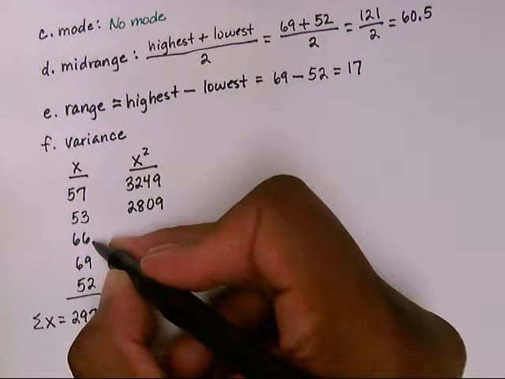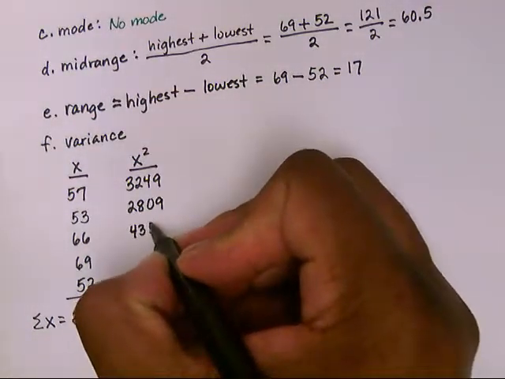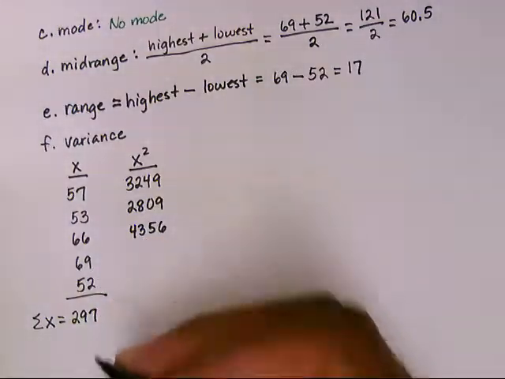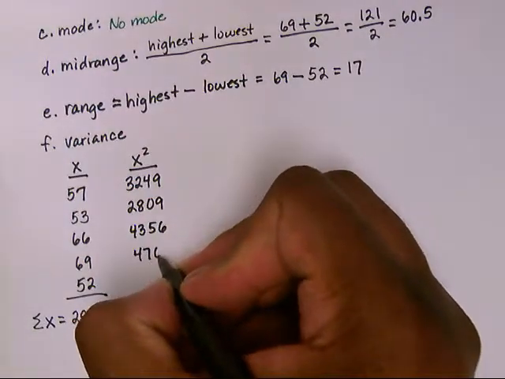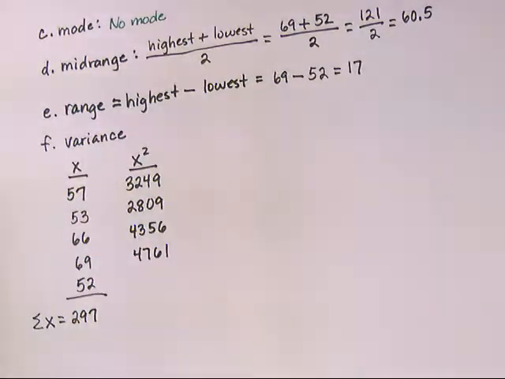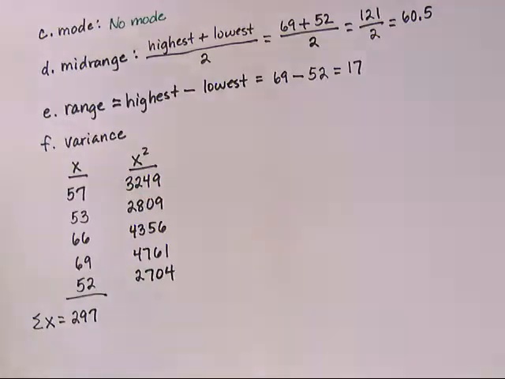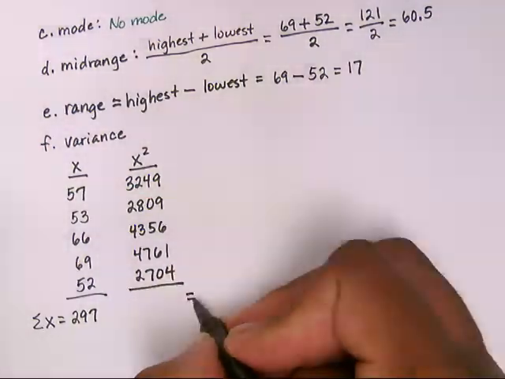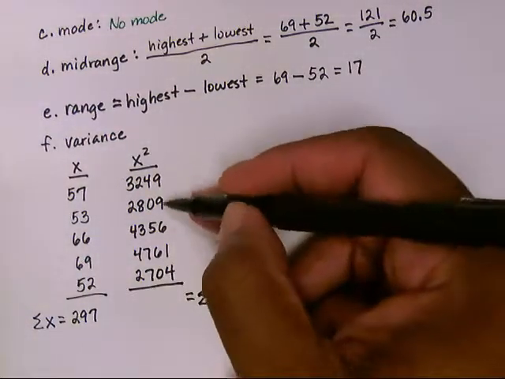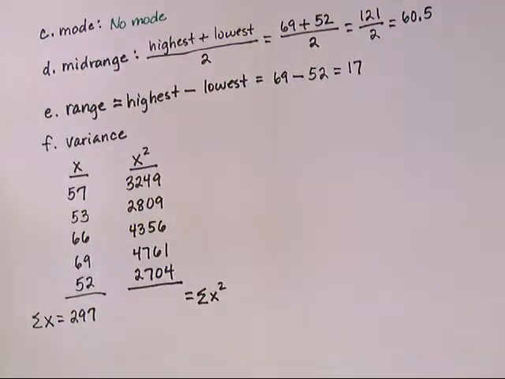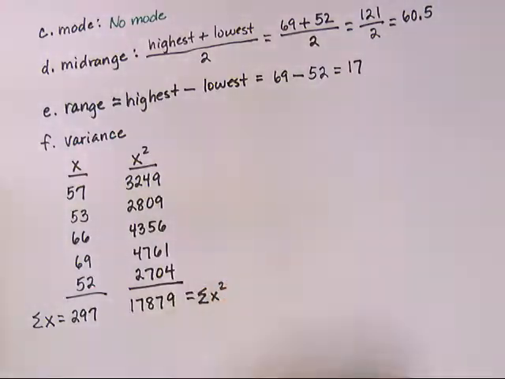Then 66 squared would be 66 times 66, which is 4,356. 69 squared would be 69 times 69, which is 4,761. And then 52 squared would be 52 times 52, or 2,704. When I add these numbers up, that will be the sum of the x squares. So if I add these numbers up in this column, I would get 17,879. Okay.